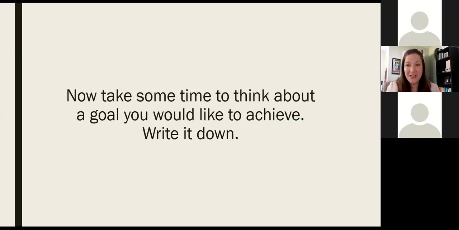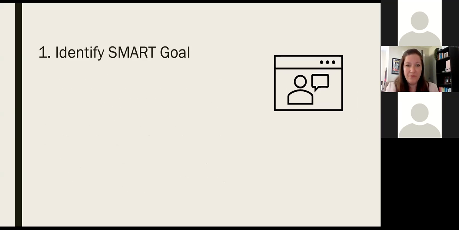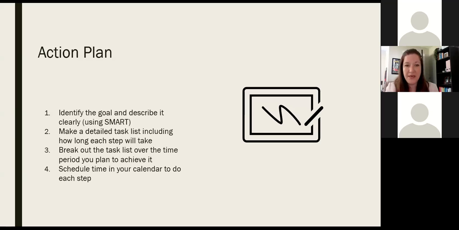Well, I'm going to go back a couple slides. So as you're thinking about this, this is kind of the basic outline of how I like to implement and identify my goals. Once you've got the goal in mind, try to get really clear using that SMART layout.